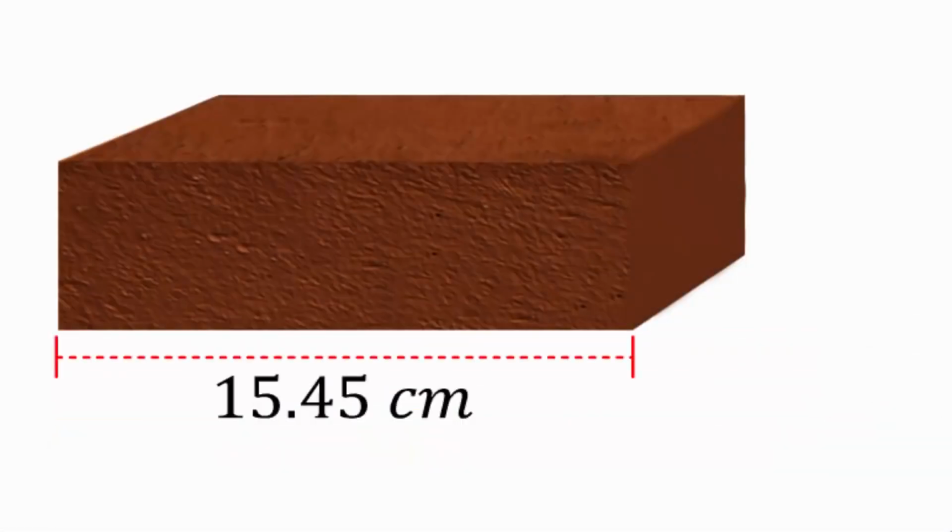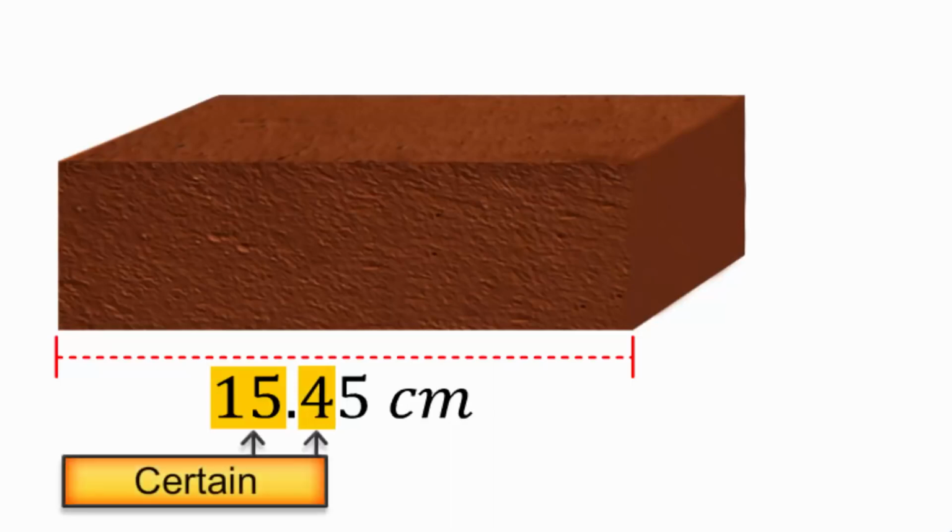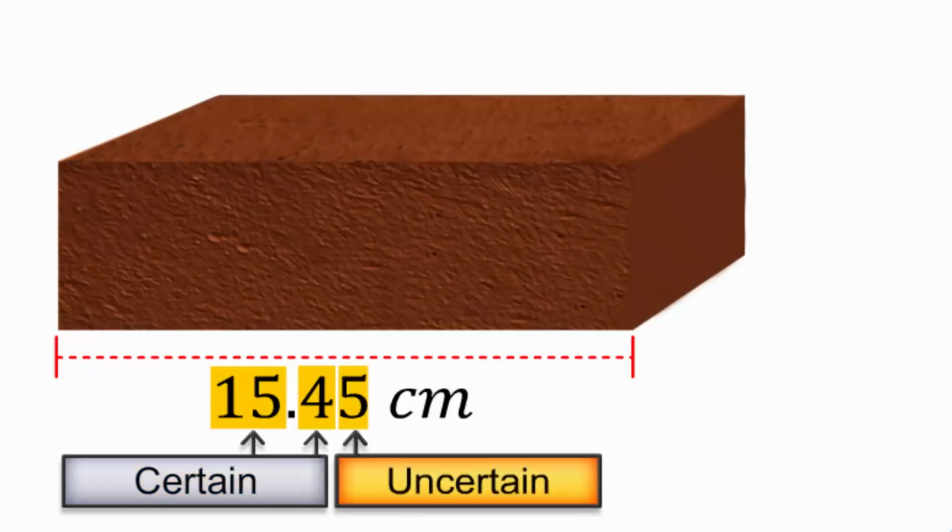Since we are not sure, we can say that the length is approximately 15.45 centimeters. In this measurement, 1 and 5 in the whole part and 4 in the decimal part are certain, while the 5 in the decimal part is uncertain. This 5 is uncertain because it is an approximate value.